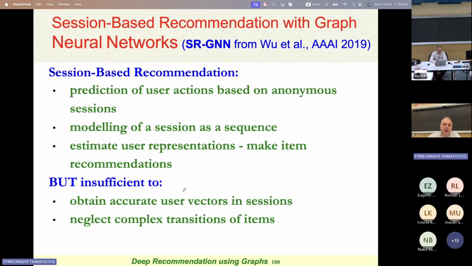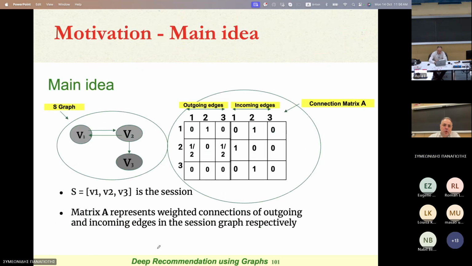So let's see the first one, the SR-GNN from Wu et al. in AAAI. As we said, these sessions are usually anonymous, so they use this graph with the interactions. As you can see here, these are items, V1, V2, V3, that the user has interacted with in the session.